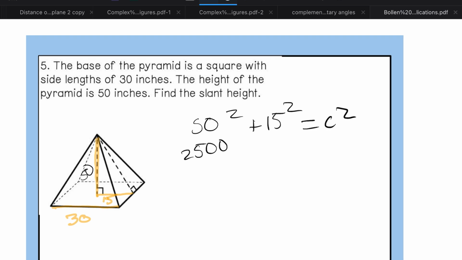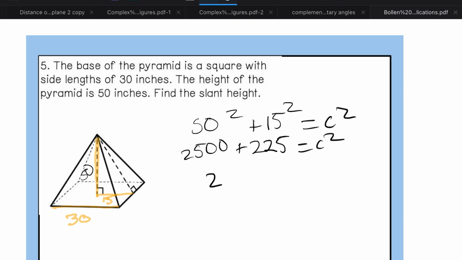And then 15 times 15 is equal to 225. So you get is equal to C squared.